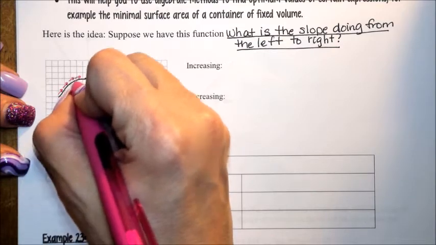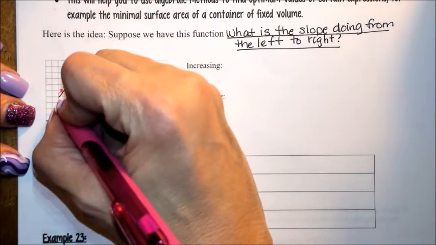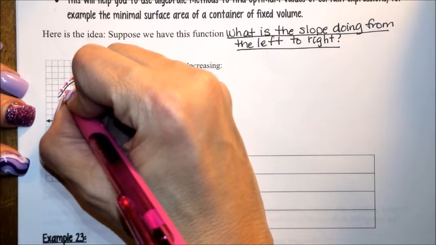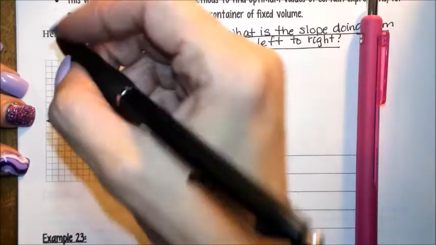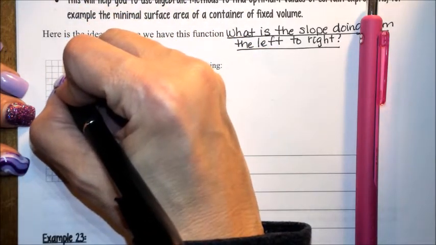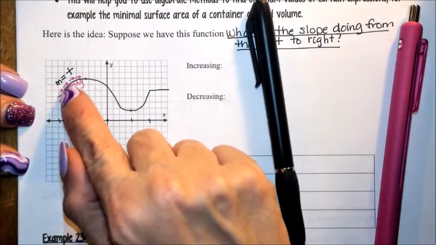Well, it'd be a positive slope, right? The slope would be increasing. Or I really just want to say the slope on this right here would be positive. I don't really care what the slope is, but the slope is going up and up and up.